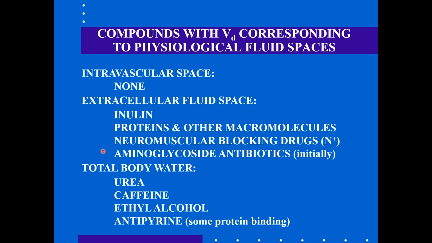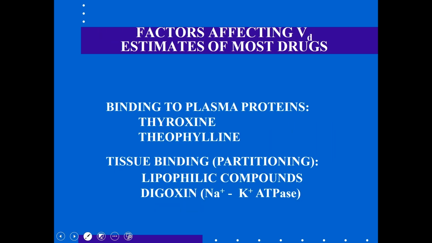There are a number of markers for total body water: urea, the caffeine that you have in your coffee or Coke, ethyl alcohol, and some people have used antipyrine as a marker, even though it does exhibit some protein binding.